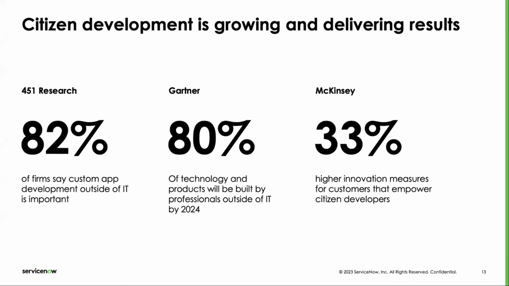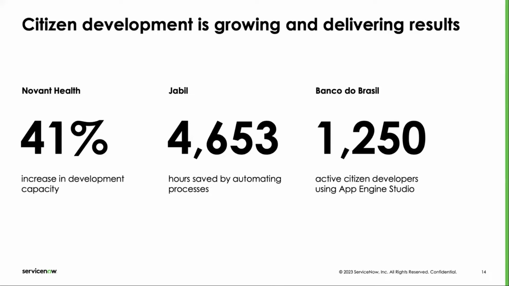But more important than the research numbers are the customers that we have that are seeing actual results. All of these numbers are from customers that are actively participating in citizen development. The first one, Novant Health. I can speak a little bit more to that because I was actually involved in creating their citizen development program.